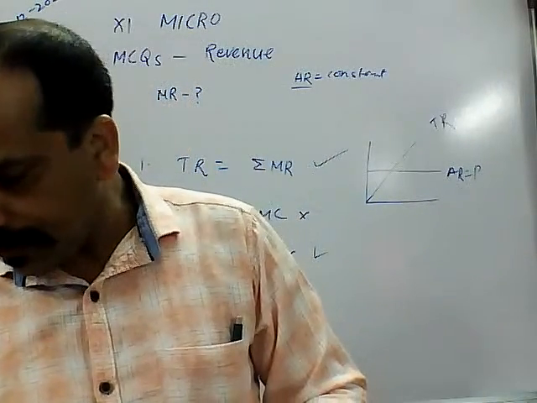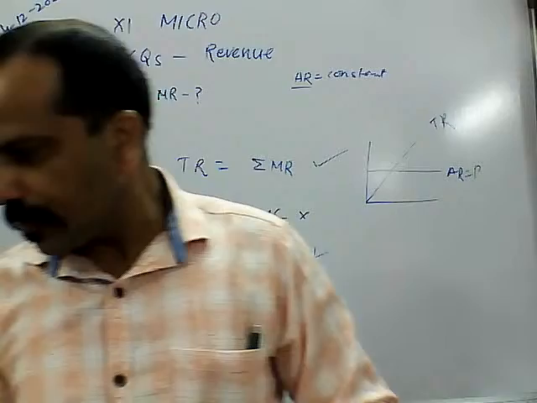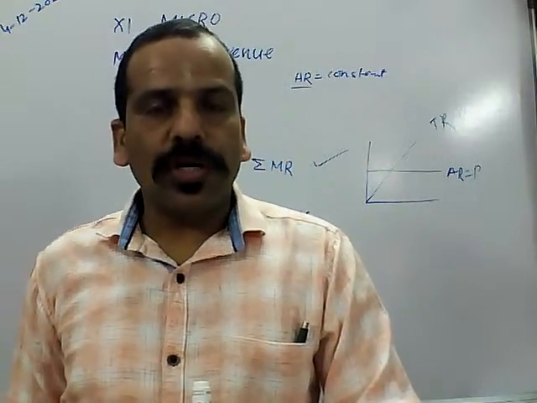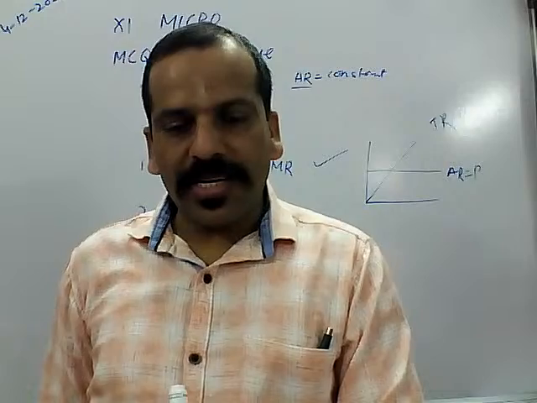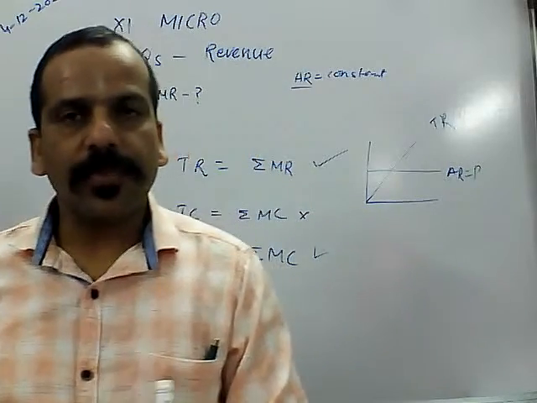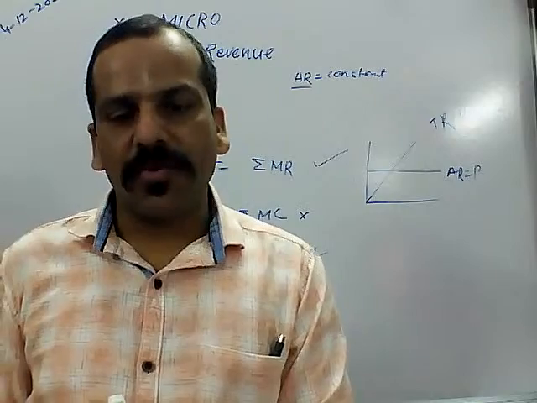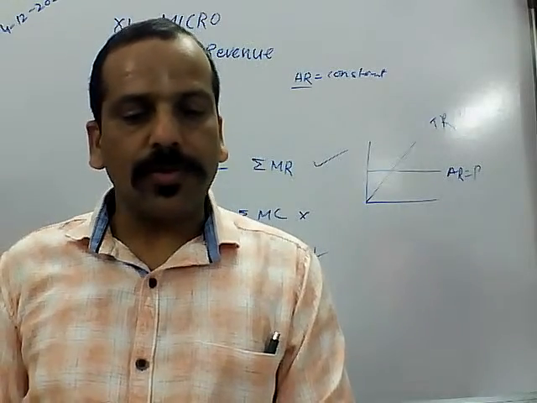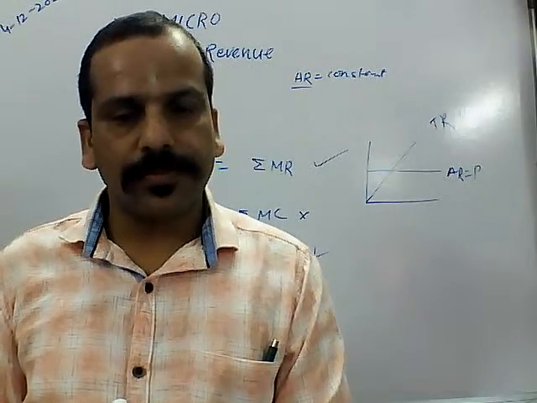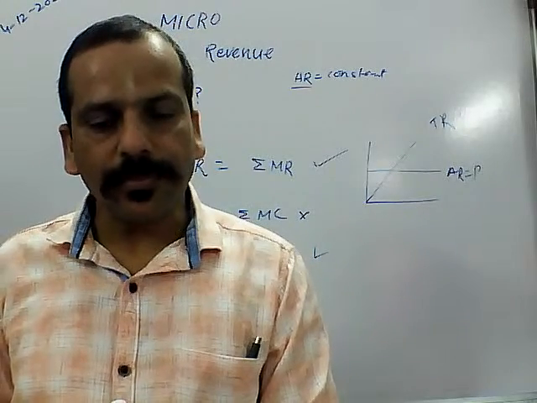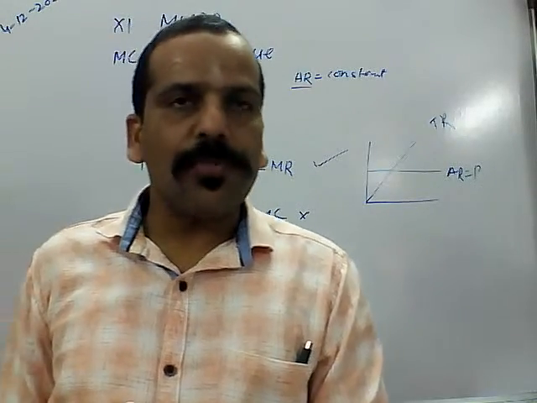Question number 10. What happens to total revenue when marginal revenue is positive? First, total revenue increases. Second, total revenue decreases. Third option, total revenue maximum.